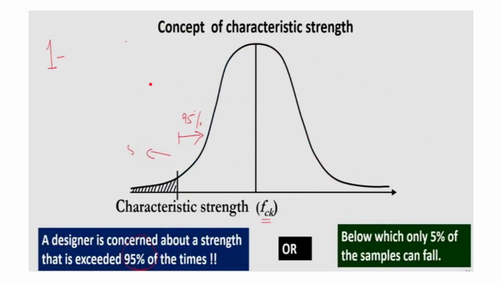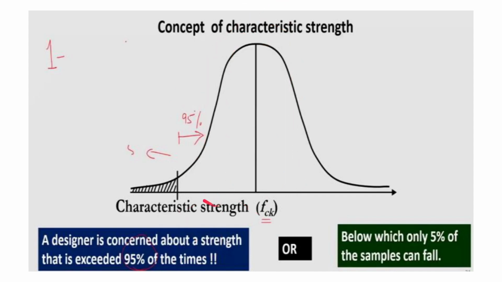So using this criteria, we try to develop the concept of characteristic strength. As the term suggests, what it defines is the strength that the designer wants to be exceeded 95% of the time. For that, we need to design the strength for the mean.